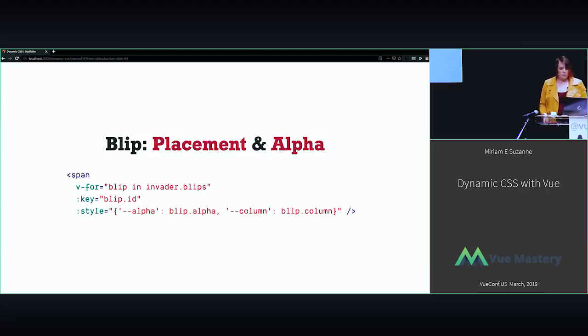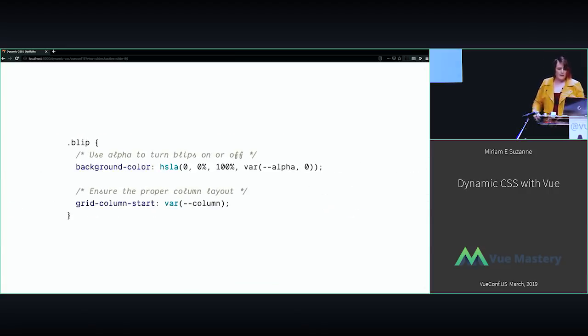And I pass in these blips that just have an alpha tag that turns it on or off. I can pass that into HSL again, or HSLA in this case, and turn on and off my blips to get the layout of each individual invader. And then I put them in the right place using the column, and I let them auto-flow rows, and it all comes together.